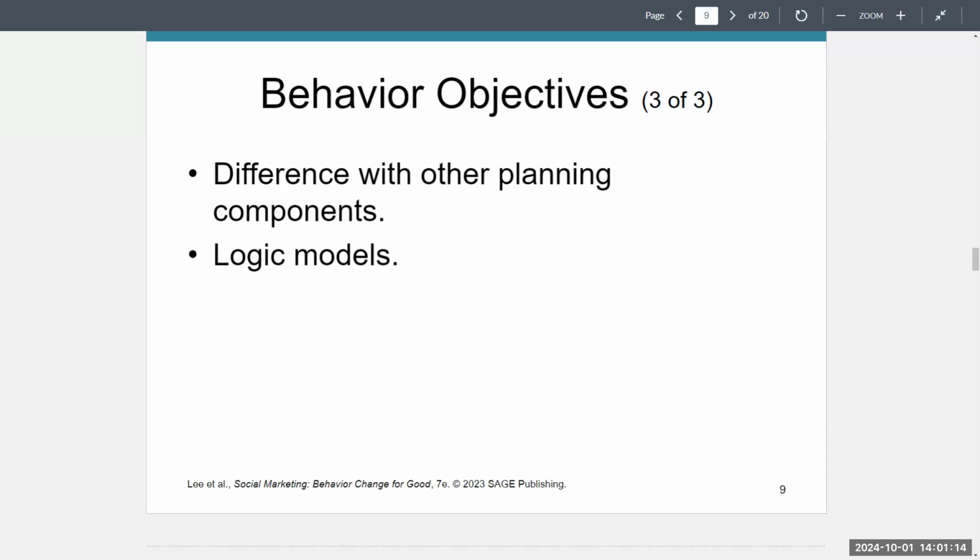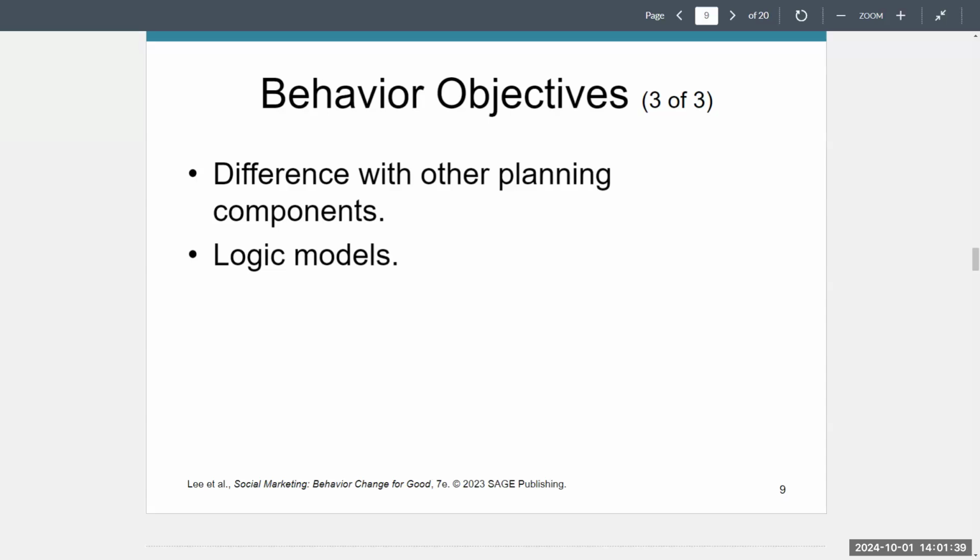As we look at the integration with other planning components, you can look at different logic models. Within logic models, behavioral change is visually represented as the causal relationship between your campaign's inputs, activities, outputs, and outcomes.